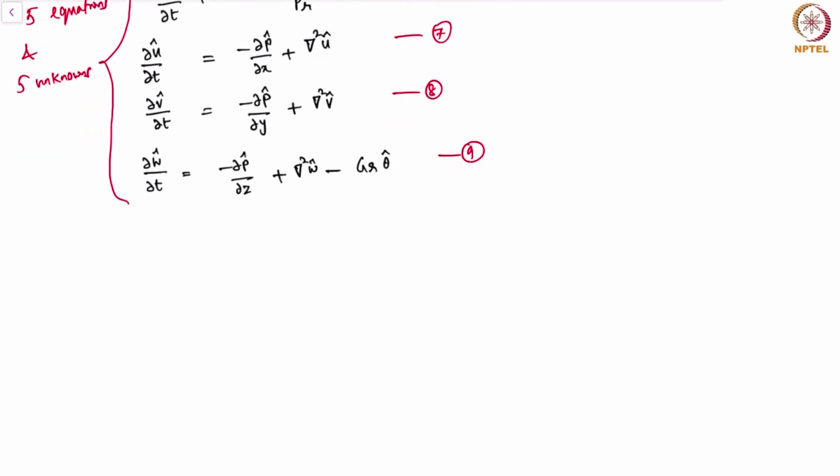So we can combine equations 7 and 8. Okay, so how do we do this? Now if you look at 7 and 8, these are the horizontal components.